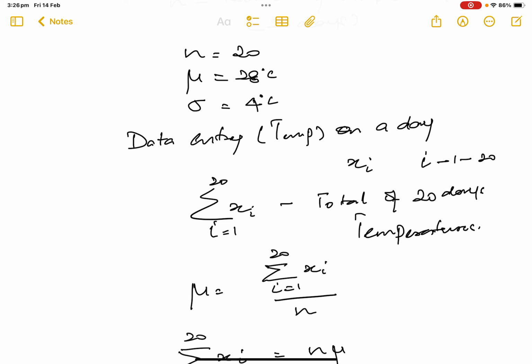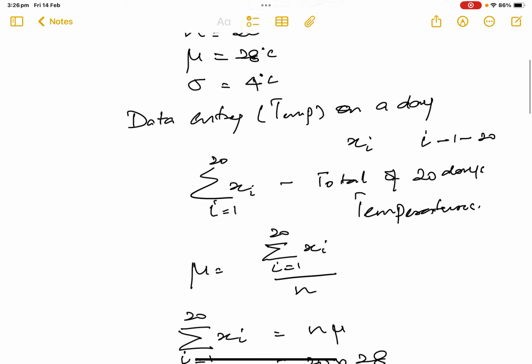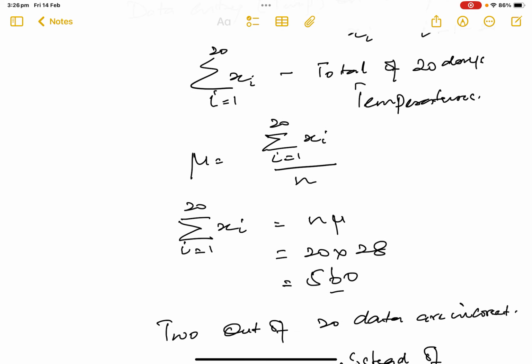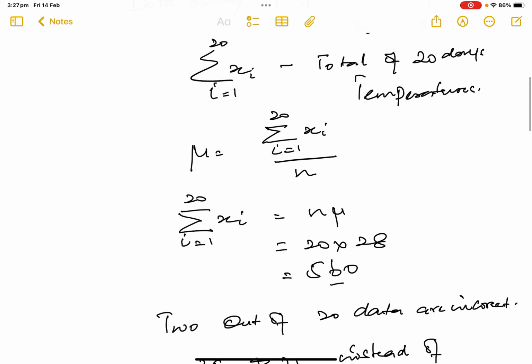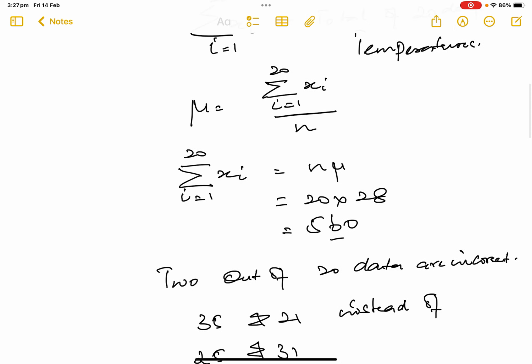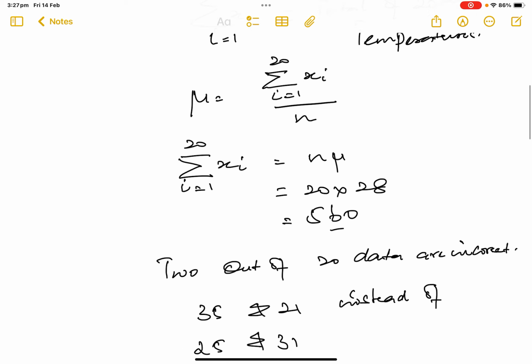That's the total of 20 days temperature. So the total divided by the number of days gives you the mean. So mu equals the sum of xi from 1 to 20, that is the total 20 days temperature, divided by n, gives you mu. So the mu we know, and n we know, 20 days, so we can actually get the total.